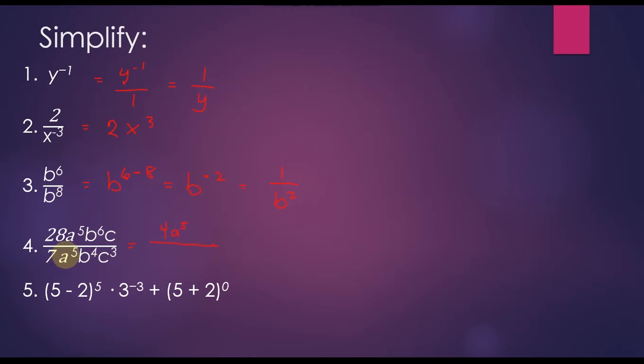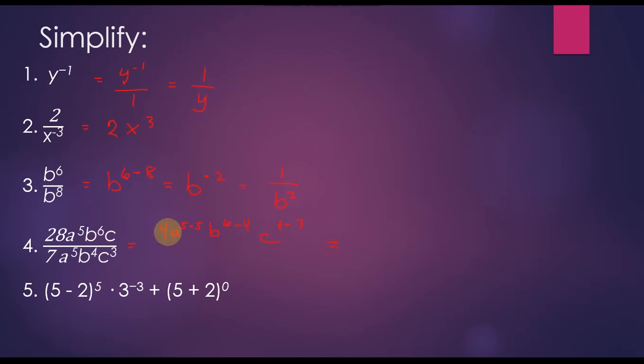Since we have the same base in the denominator, we write 5 minus 5. Then we have b raised to 6 minus 4. I'll remove this fraction bar here. And then c, which has an exponent of 1, minus 3, since it has the same base as c.